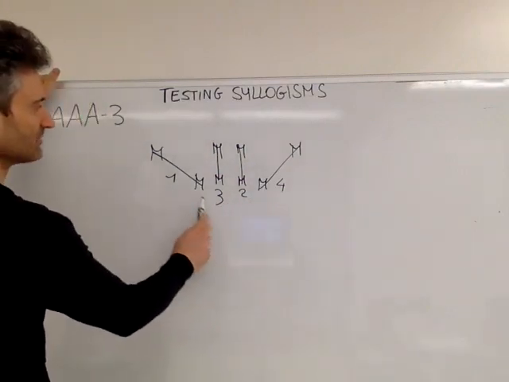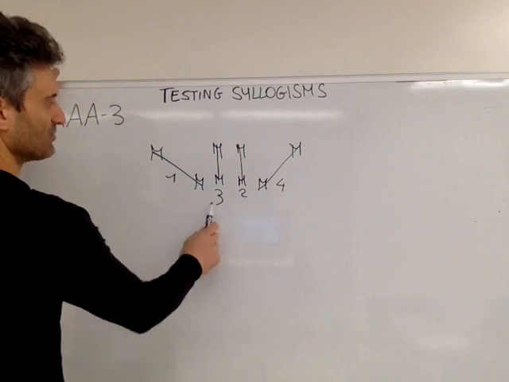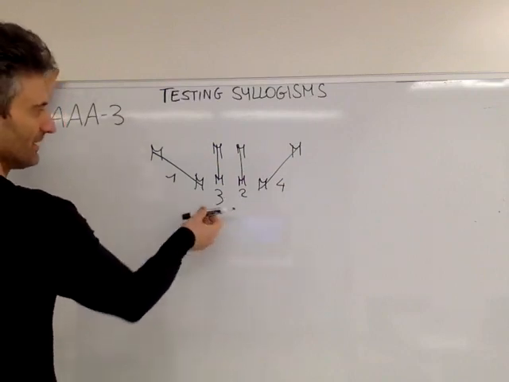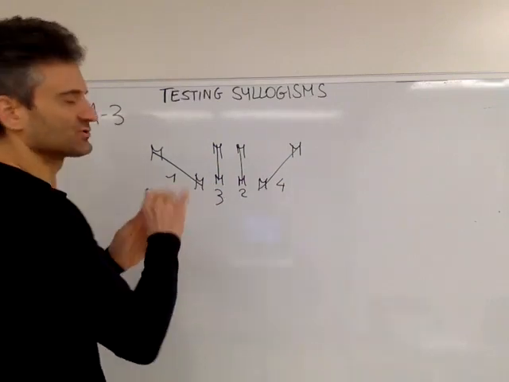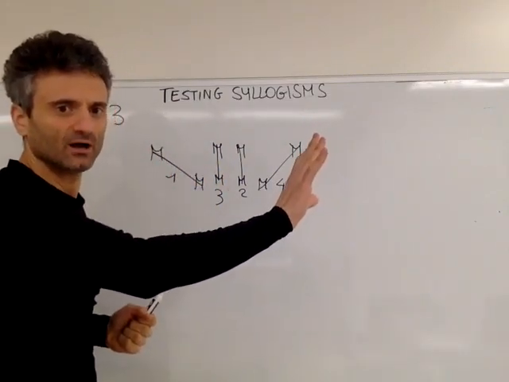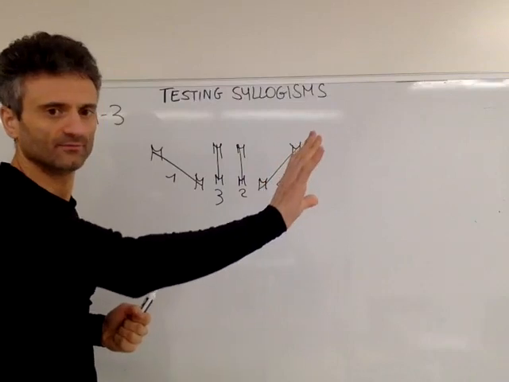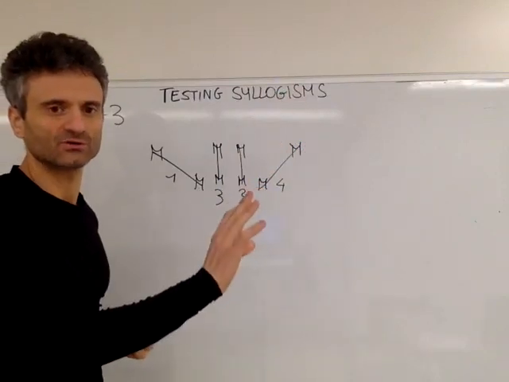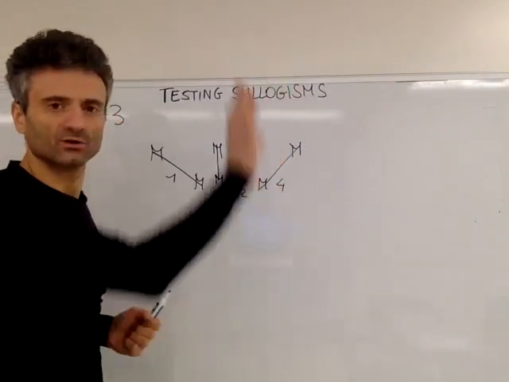That's why I put 3 before 2, because 2, if you recall, is when both the predicates of a statement, of the major and the minor statement, are the middle term.